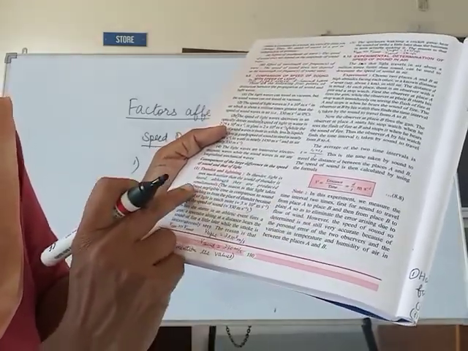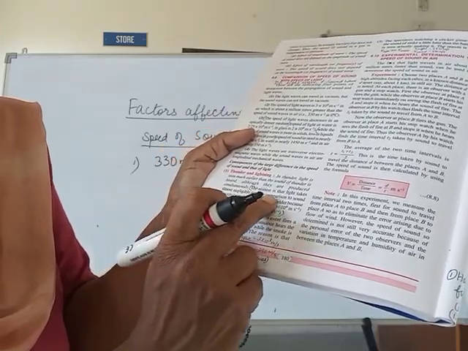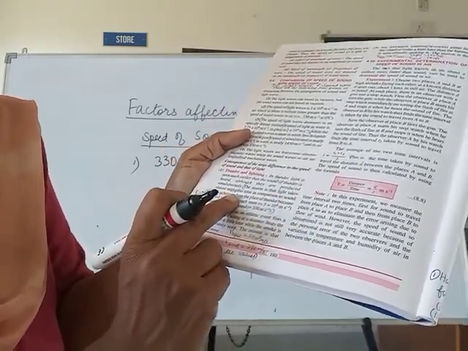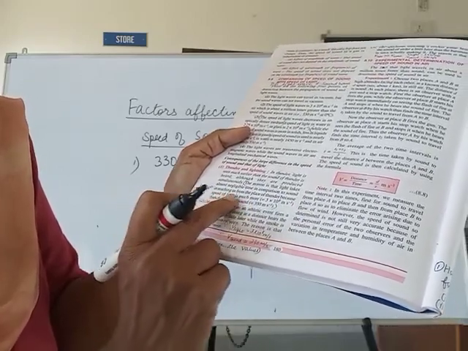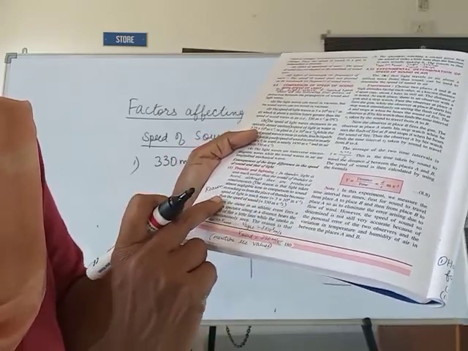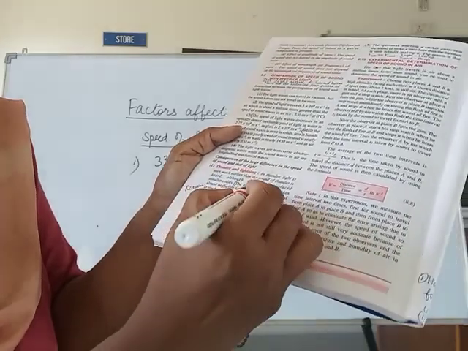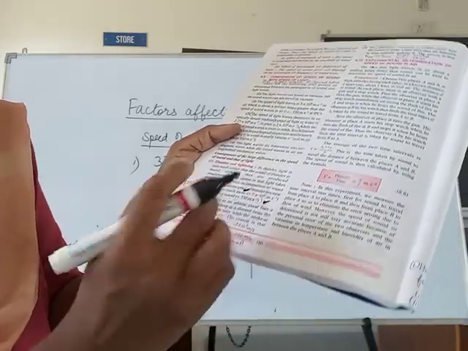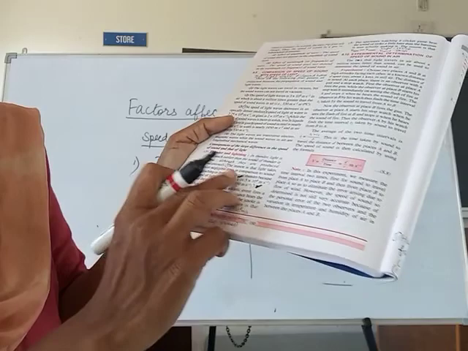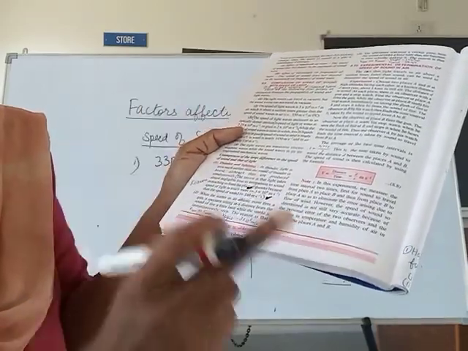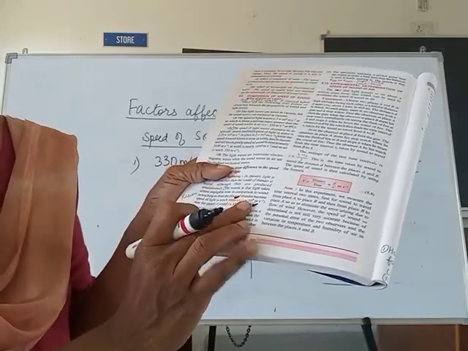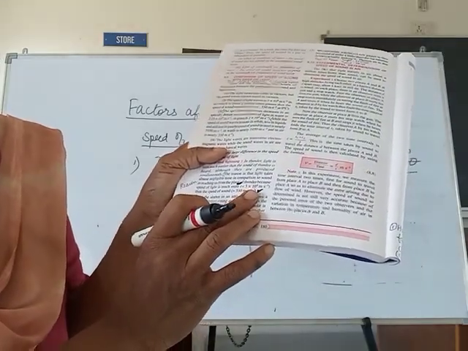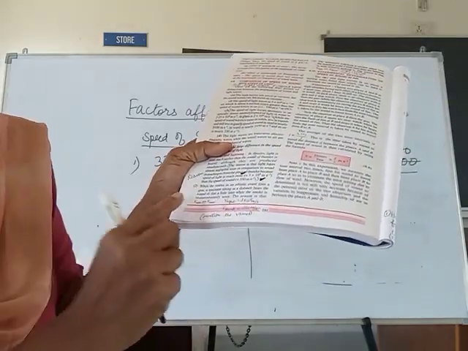The reason is that light takes almost negligible time in comparison to sound in reaching us from the place of thunder, because speed of light is much more than speed of sound, and you have to mention the values also. Please put a tick mark here. Speed of light, that is 3 into 10 power 8 meter per second, is much more than speed of sound, that is 330 meter per second. Is it clear children?